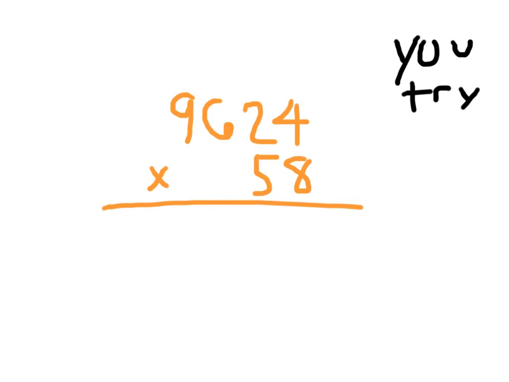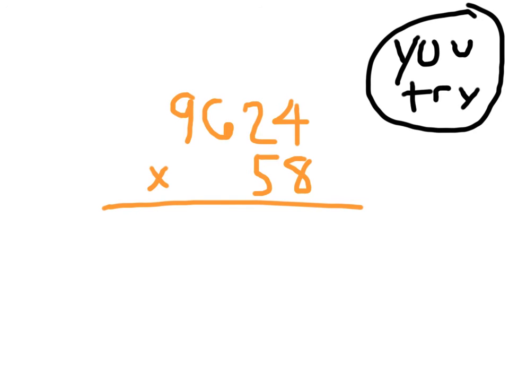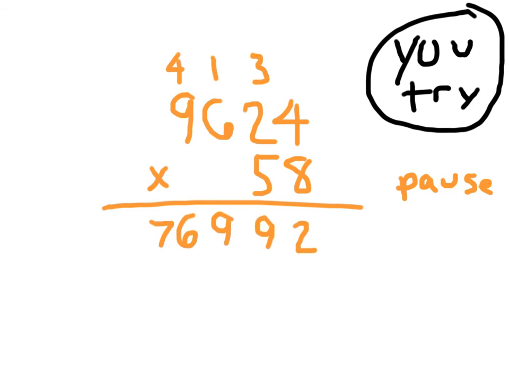Here's another one for you to try. I would like you to do this one completely on your own. Go ahead and hit pause. There's the first part of your problem, for 9,624 times that 8.